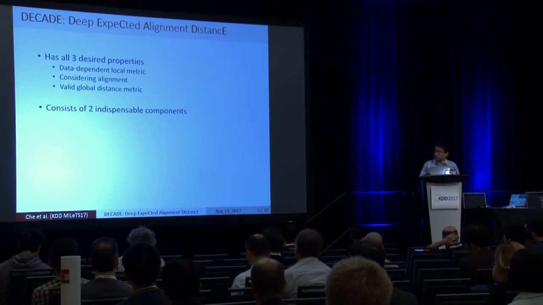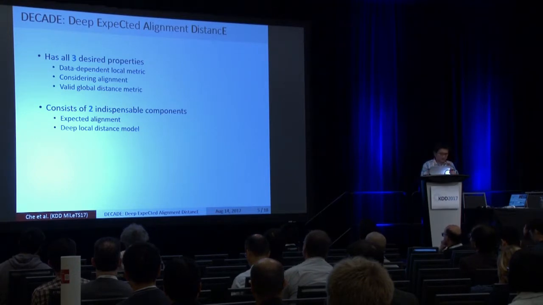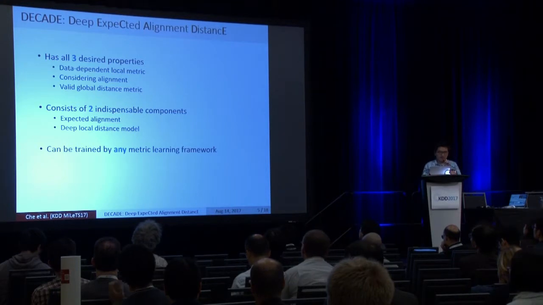And it only consists of two indispensable components. One is called expected alignment, and the other is the deep learning-based local distance called a kernel local distance metric. And we will also show that our DECADE is quite flexible and easy to train.